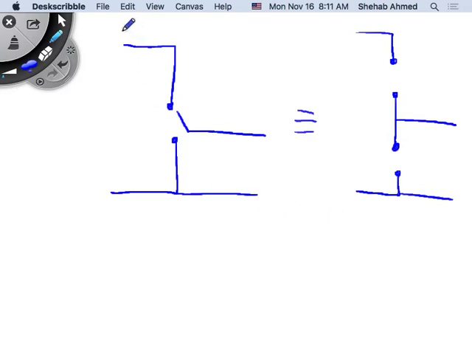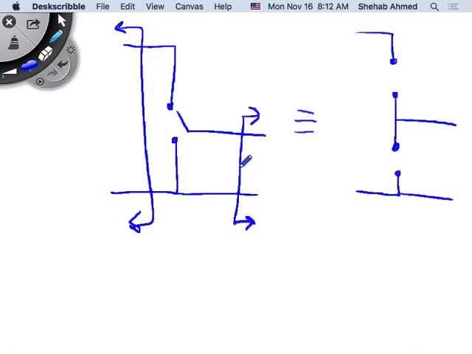So two terminals on this side, two input terminals or two output terminals on this side, depending on the topology that you're looking at. You can use this for the boost converter, the buck converter, or the buck boost converter. It's the same.